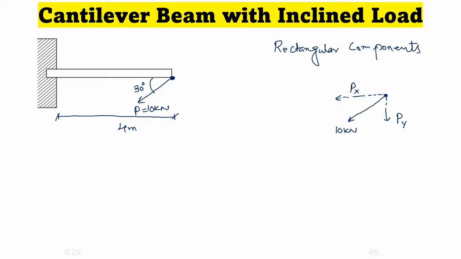To convert this inclined load into vertical and horizontal components, we need only two things. First one is the magnitude and the next one is the angle. This angle is basically with the x-axis. If we draw the offset of this line, we can get this right angle triangle. At this point, this is 90 degrees.